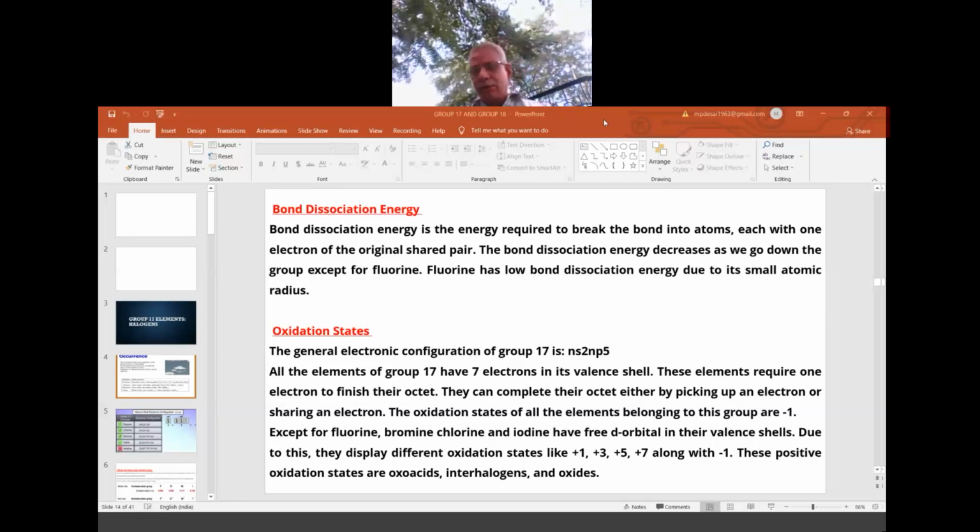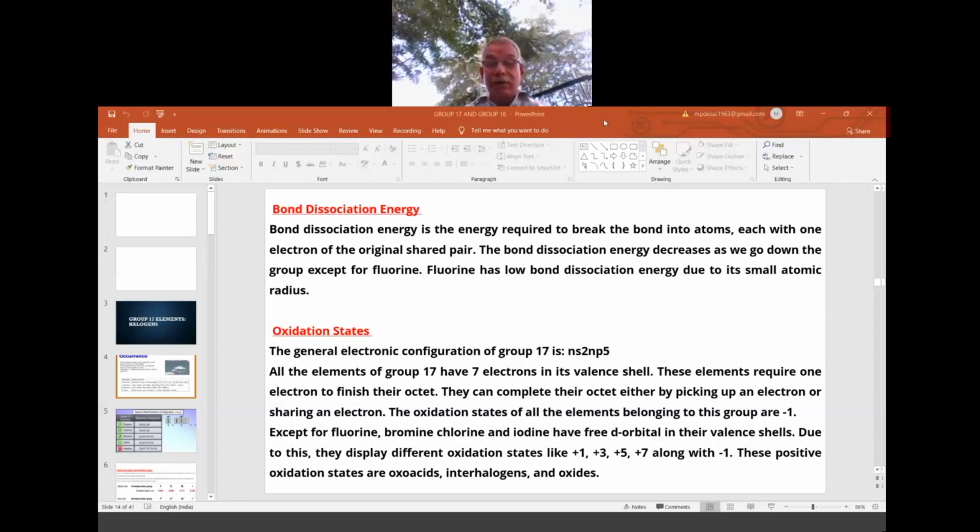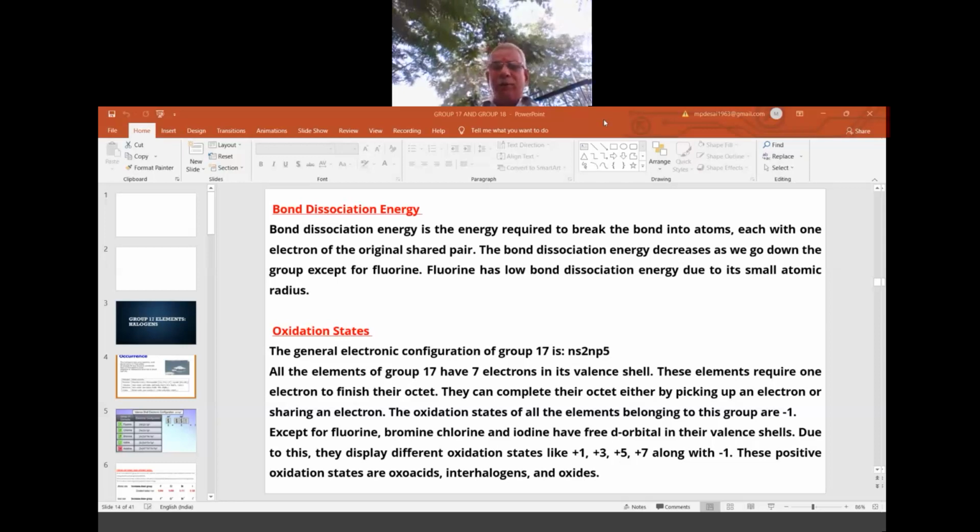When you see oxo acids or interhalogen compounds, oxides, that time we see plus oxidation states by the halogen, because the situation is demanding. That's why, once again, variety and complexity is there in nature. It is because all these atoms go for sharing, losing and gaining.